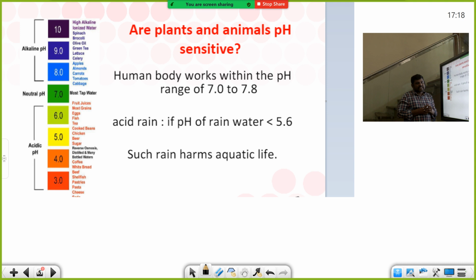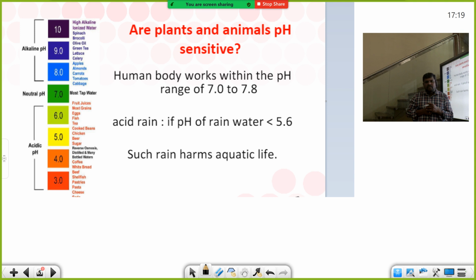Acid rains are harmful. How do acid rains form? Non-metal oxides like nitrogen oxides, sulfur oxides, or carbon dioxide are mixed with water to form acids. Carbon dioxide reacts with water to form carbonic acid: CO2 plus H2O gives H2CO3.